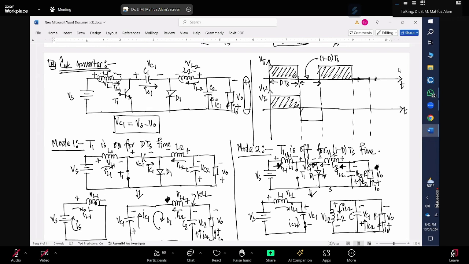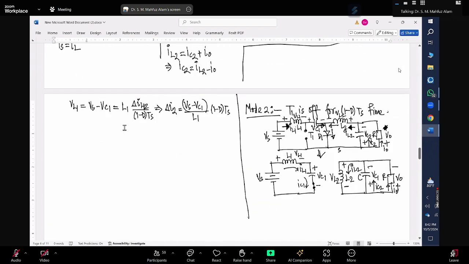So this magnitude, what we are writing here, Vs minus VC1, should be negative so that when we integrate over the switching time period, that gives you zero, right? Yes, sir.